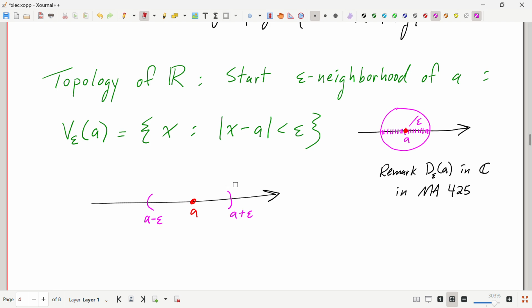And you make that more like a parenthesis. Okay, and the set is the stuff between those parentheses, not including the endpoints. That's what those parentheses mean. If I wanted to include the endpoints, maybe I'd make square brackets there.